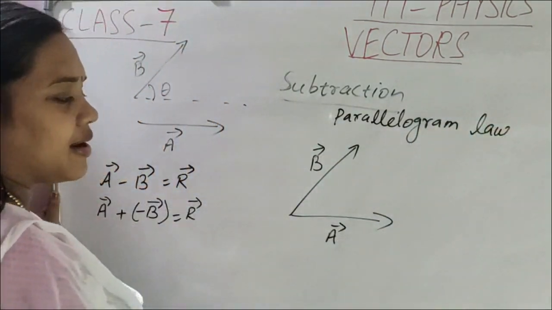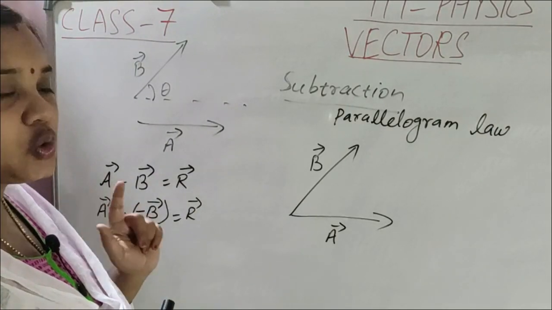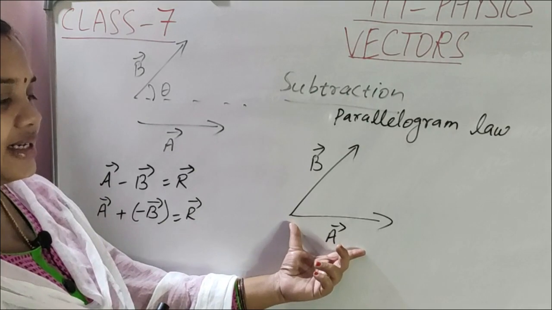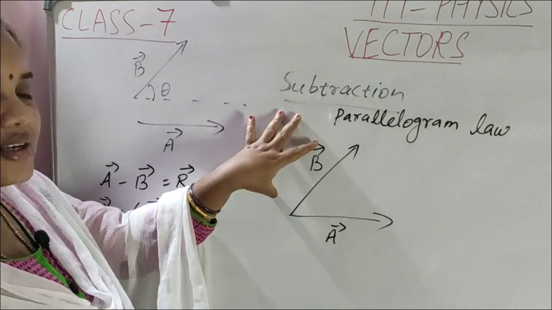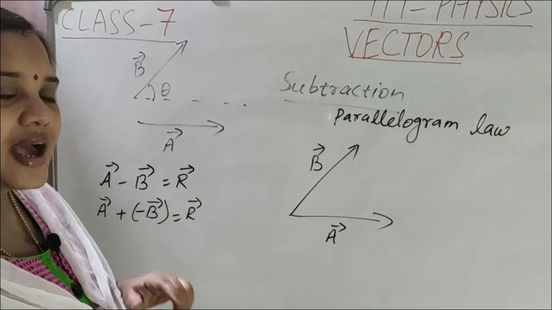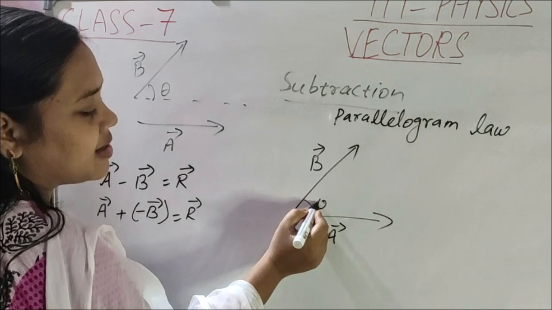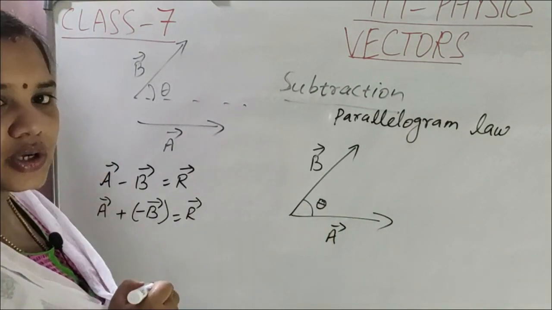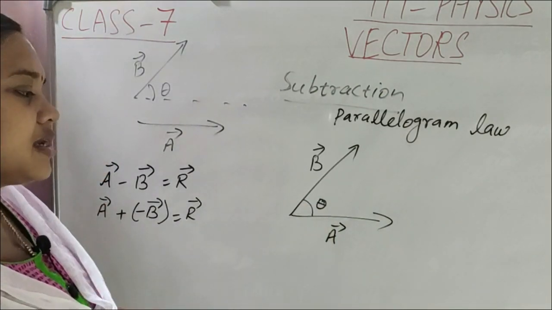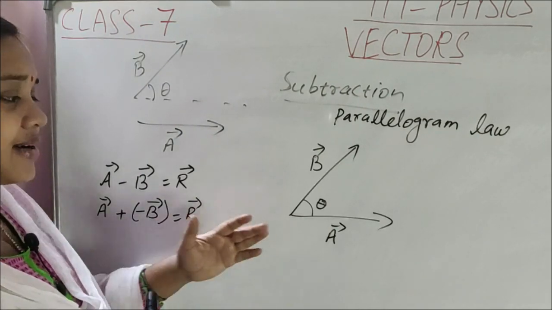For this parallelogram law, we have to join the vectors tail to tail. This is vector A, its tail is this. This is vector B, its tail is this. Both the tails we have to join. Now what is the angle between the vectors? The angle is theta.